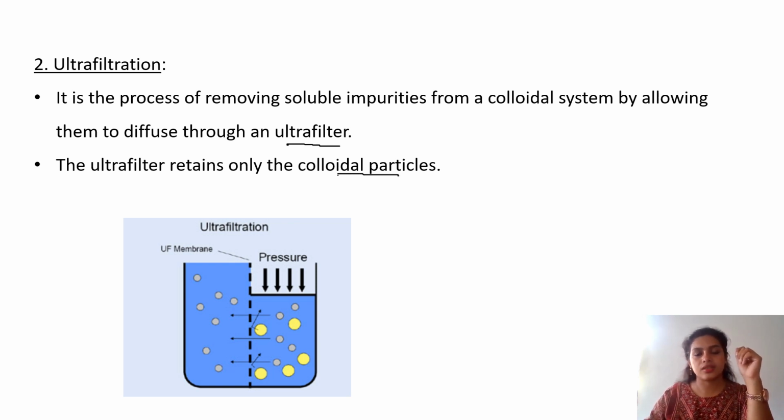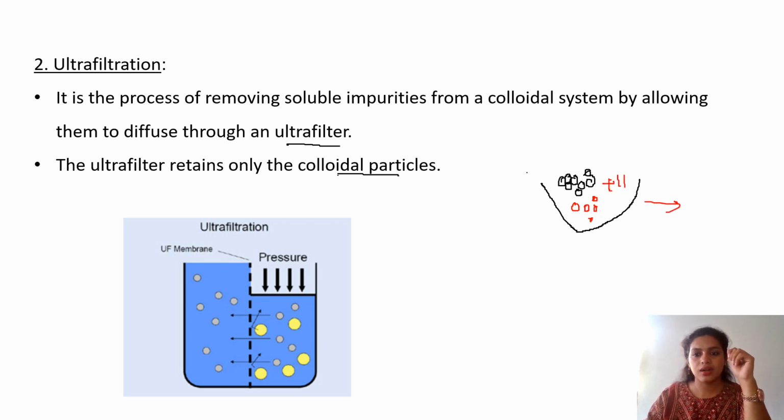Okay, the ultra filter retains only the colloidal particles. For example, ഇവിടെ ഒരു ഫിൽറ്റർ പേപ്പർ ഉണ്ട്. ഫിൽറ്റർ പേപ്പറിൽ നമ്മുടെ കൊളോയിഡ്സ്, ഇത് കൊളോയിഡൽ പാർട്ടിക്കിൾസ് ആണ് ബ്ലാക്കിലുള്ളത്, ആൻഡ് റെഡിലുള്ളത് ഇംപ്യൂരിറ്റീസ് ആണെന്ന് വിചാരിക്കാം. ഓക്കെ, അവരെന്ത് ചെയ്യുന്നു, ഇവിടെ ലിക്വിഡും ഉണ്ട്, പ്ലസ് വാട്ടർ ആണ് ഇവിടുത്തെ ഡിസ്പെർഷൻ മീഡിയം എന്ന് വിചാരിക്കാം. ഫിൽറ്റർ പേപ്പറിന്റെ ഇടയിൽ പോർസ് ഉണ്ടാവും, and impurities ions will be too small in size, and the dispersion medium, for example water, they will easily pass through.